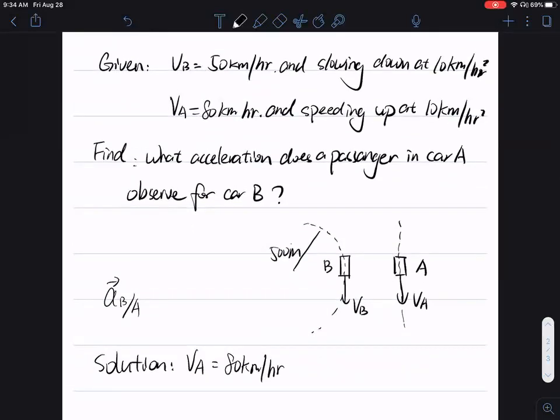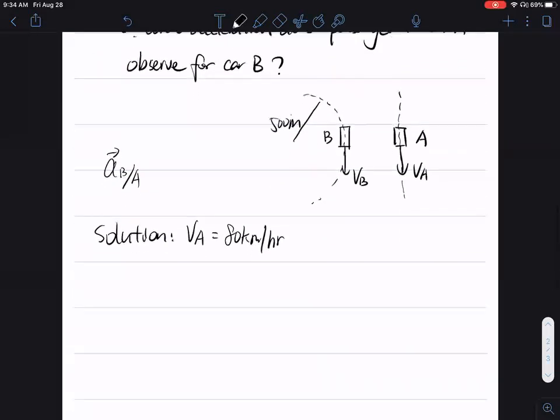Let's convert everything to meters and seconds to make our life easier. That's something you should always check before you do a problem: make sure all the units are the standard units. So 80 kilometers per hour is about 22.2 meters per second. The direction of that speed is pointing down.